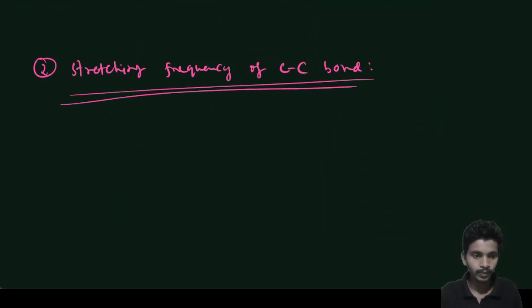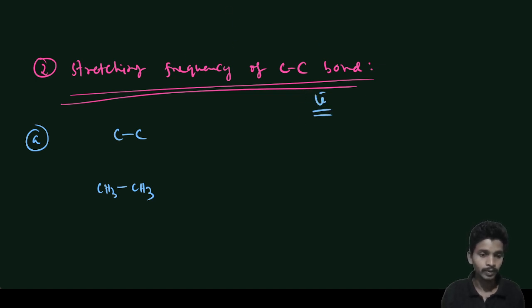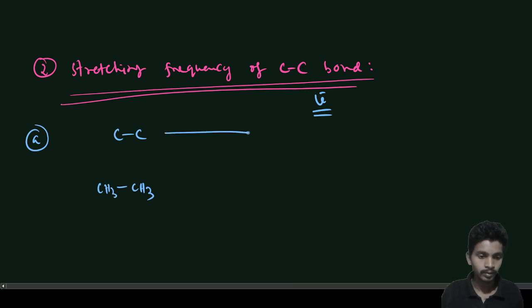Let's say any groups are present on a CC single bond. Here the stretching frequency will be 1100 centimeter inverse.